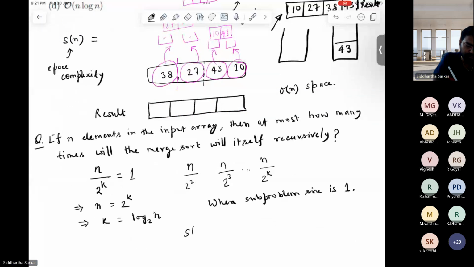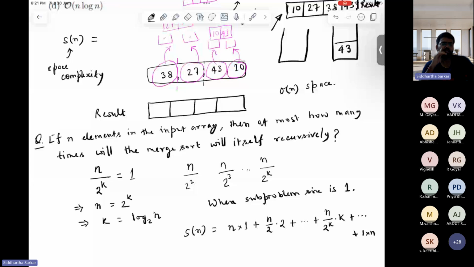Then if we're naive, what is the space complexity? Then S of n will be the sum of, so how many subproblems of size 1? N subproblems of size 1, and n by 2 subproblems of size 2, n by 2 to the k subproblems of size 2 to the k, and finally there is one subproblem of size n.